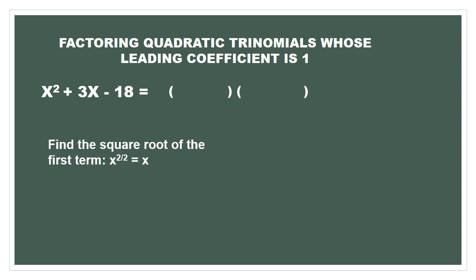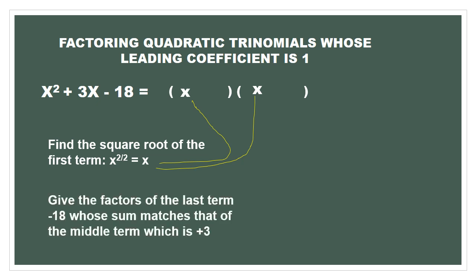So, that is equivalent to x. Isusulat natin yung x dun sa ating first parenthesis at doon naman sa isang parenthesis natin. Okay. Next is, give the factors of the last term, which is negative 18, whose sum matches that of the middle term, which is positive 3. As you can see, our last term is negative 18.